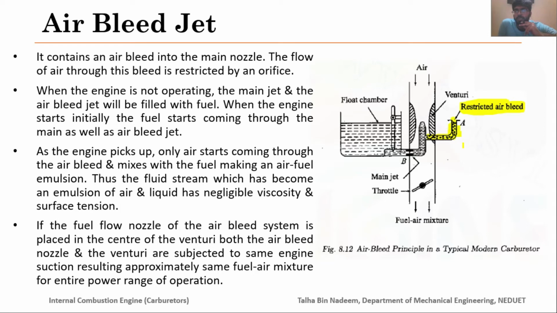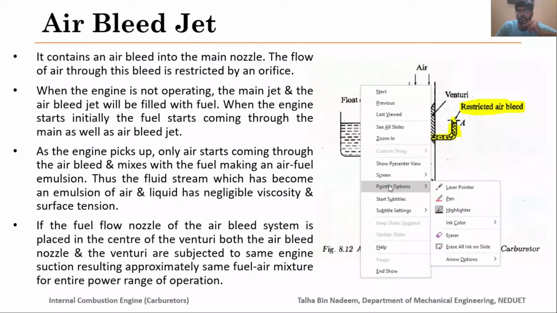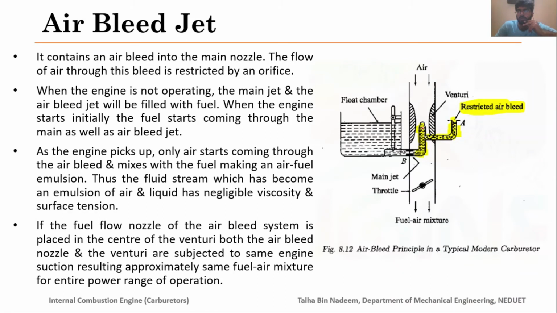Initially this main metering jet and this air bleed jet are filled with fuel, and once you start your engine, the fuel will flow into the venturi throat when the air passes through it, and the air will start flowing into this restricted air bleed jet, and it will mix with the fuel and form an emulsion sort of mixture, and then that mixture will come through the main jet into the venturi throat.